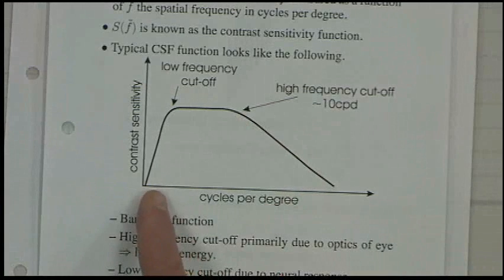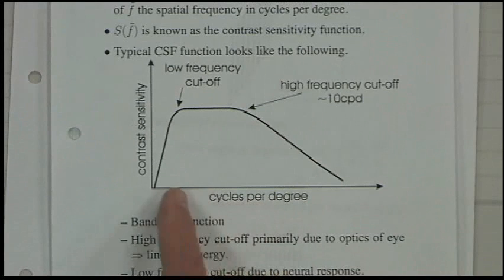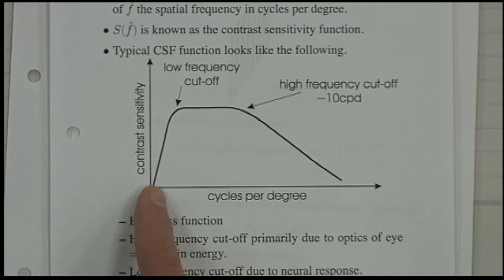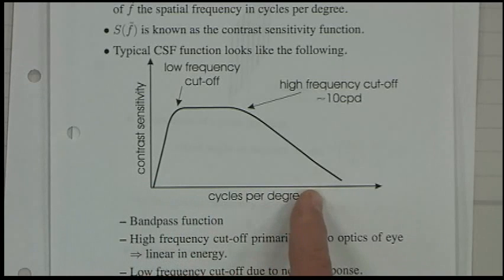So the concept is that at very low cycles per degree, you become insensitive in the lightness channel. And at very high spatial frequencies, you become insensitive.